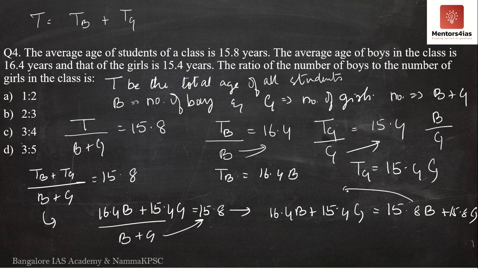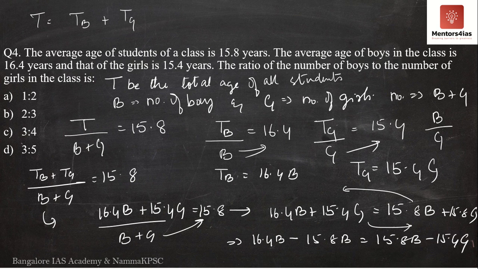Now what will I do? I will take 15.8B to the left hand side and 15.4G to the right hand side. So what am I left with now? I'm left with 16.4B minus 15.8B is equal to 15.8G minus 15.4G.